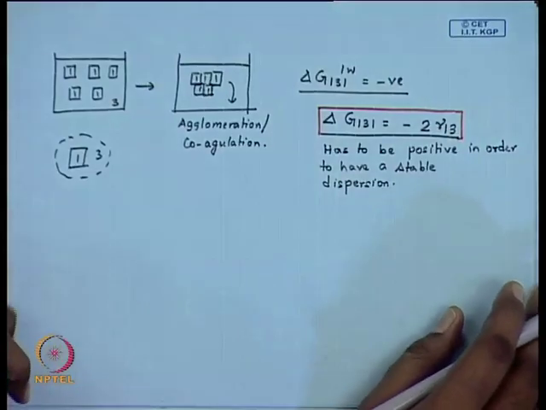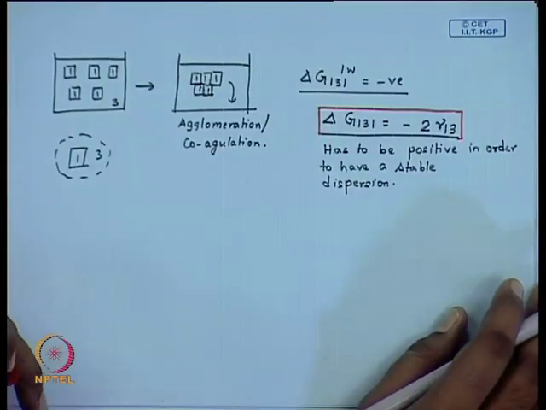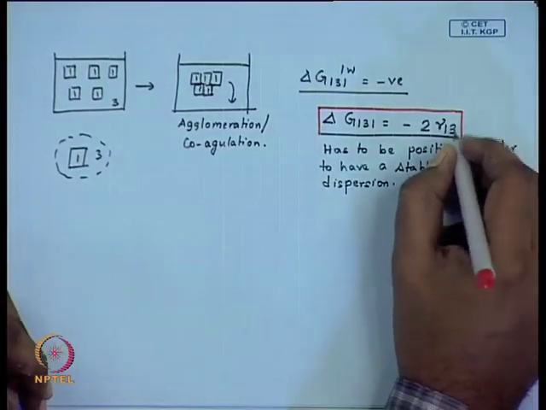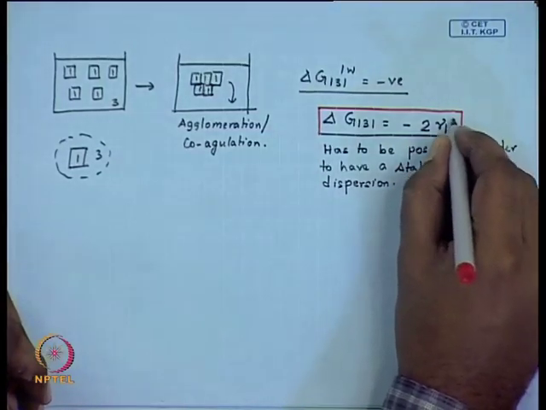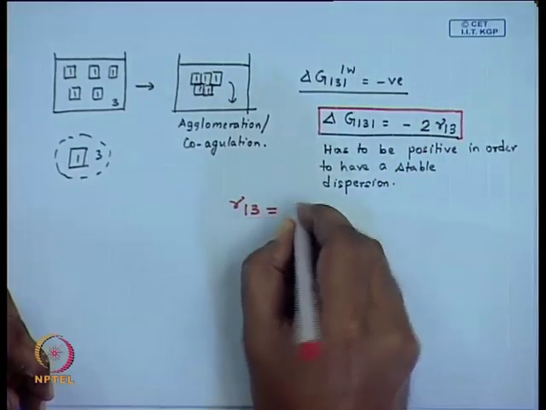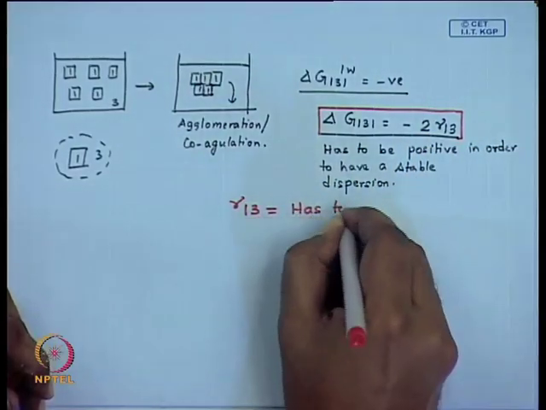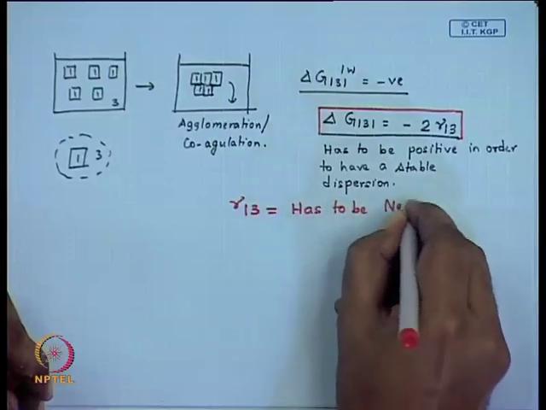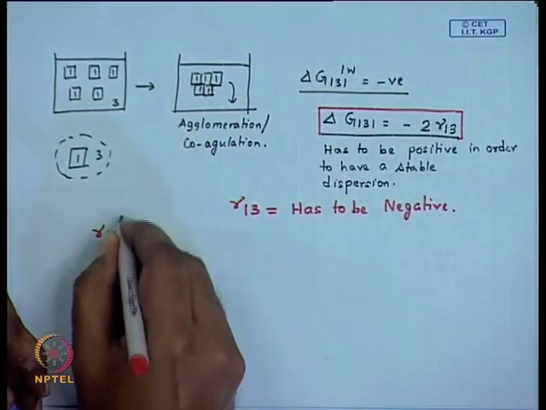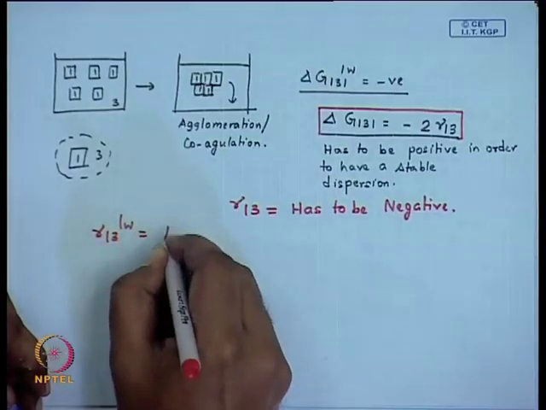Now, looking at this expression, mathematically we understand that that is possible only when delta G 131 is positive, and in order to have that be positive, the only way is that gamma 13 has to be negative. We understand that gamma 13 LW is always positive.